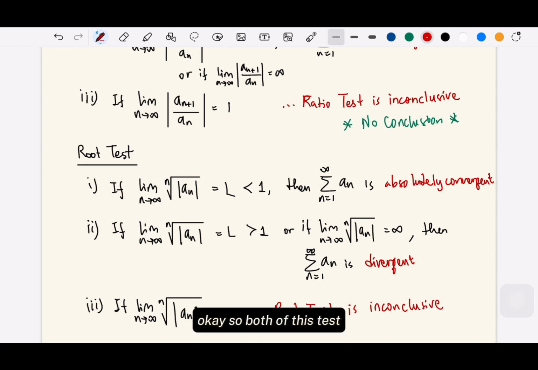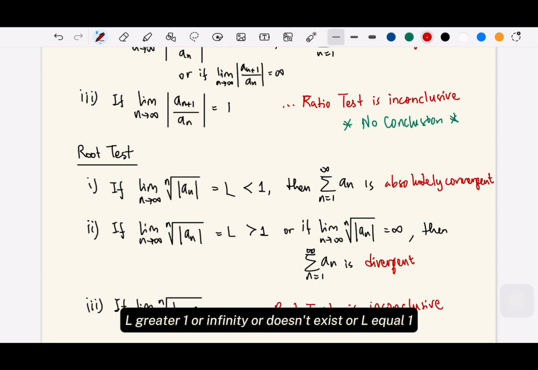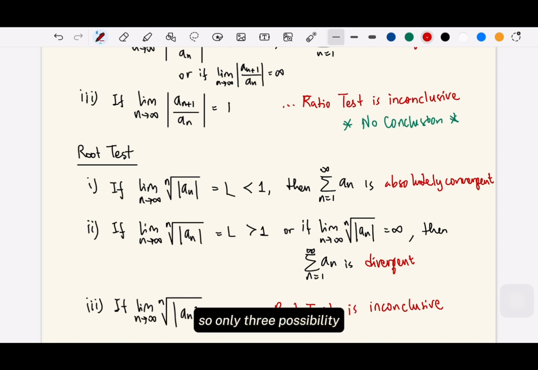Okay, so both of these tests have 3 consequences: L less than 1, L greater than 1 or infinity or doesn't exist, or L equal to 1. So only 3 possibilities. And for the root test, you see that the series is taken by root with power of n.